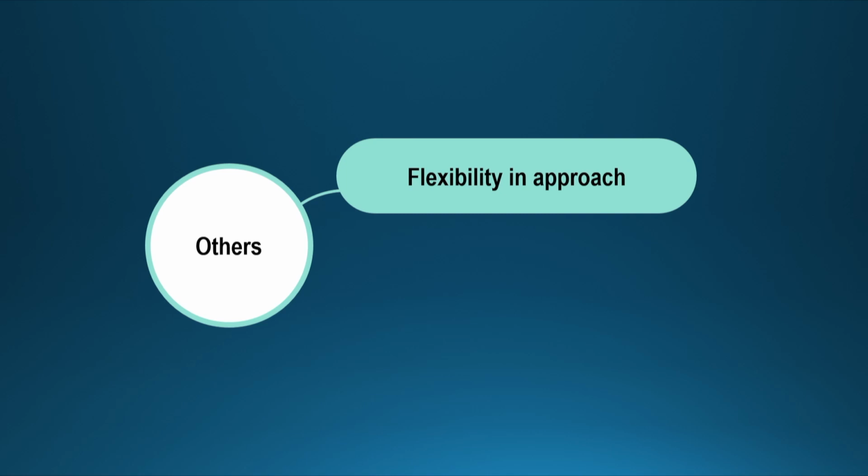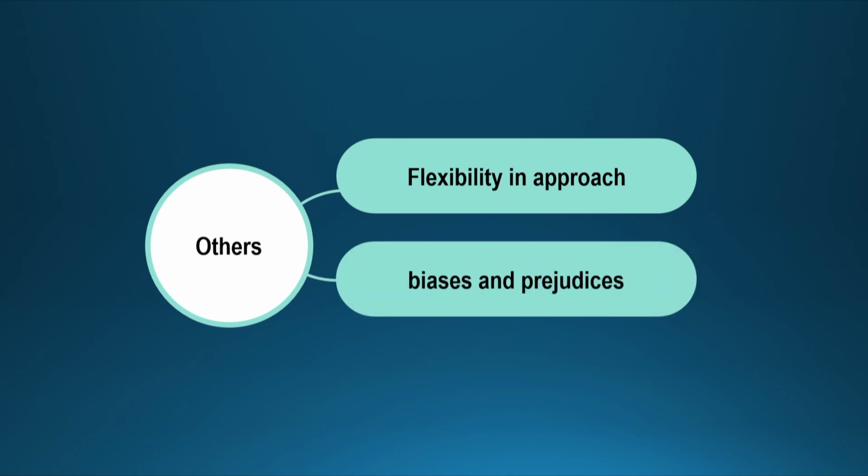The teacher, in addition to that, needs to be free from biases and prejudices. When I say biases and prejudices, there should not be any bias on the basis of caste, creed, color, gender, etc. You should be able to leave these biases outside the class and treat each and every student in the classroom on the same footing.